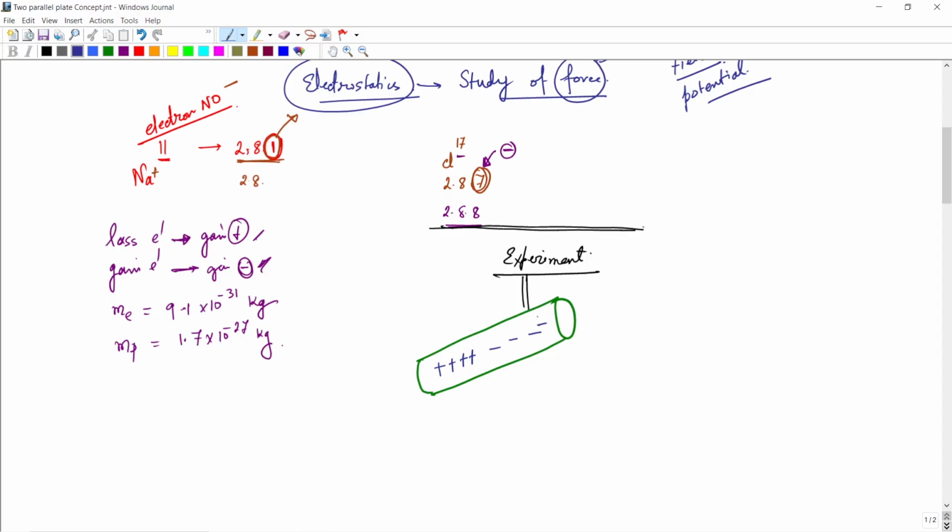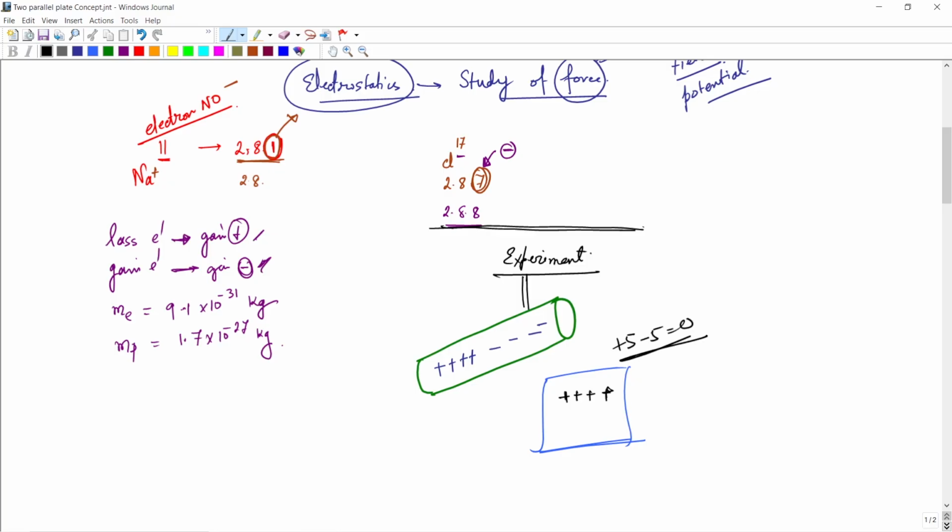Okay, now we take a silk cloth. The silk cloth follows the same concept: 5 protons and 5 electrons, a neutral condition, positive 5 and negative 5 give 0.